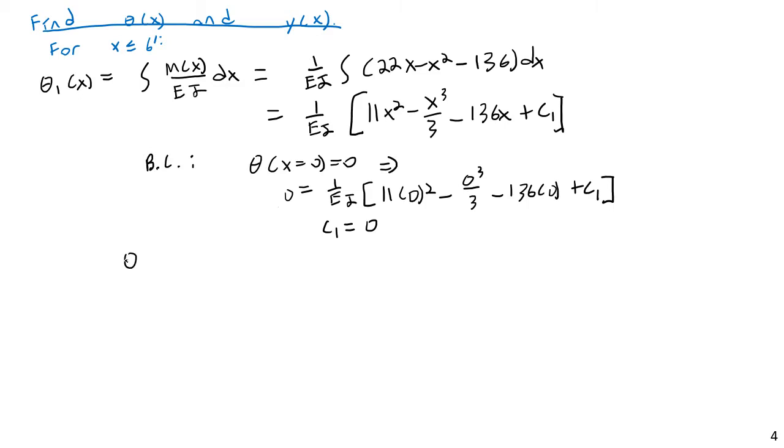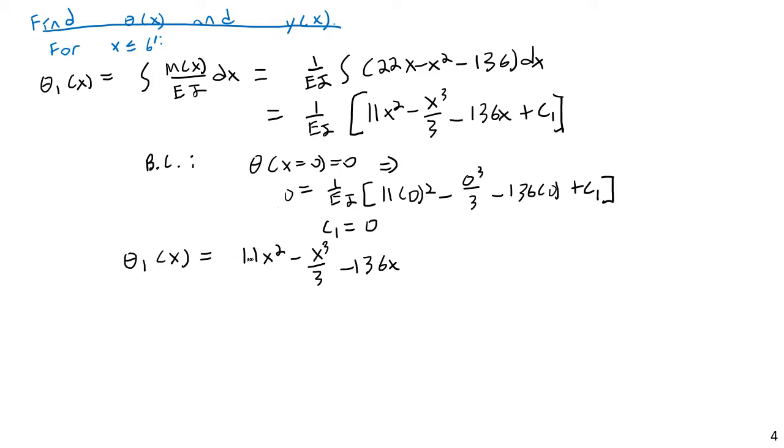So theta 1 as a function of x, our final theta function, is going to be equal to 11x squared minus x to the third over 3 minus 136x plus, well, just plus 0, so just minus 136x.